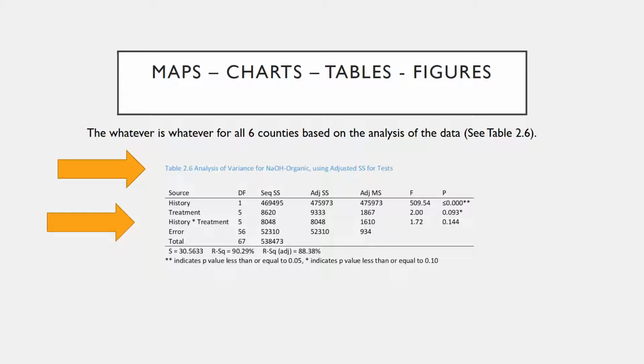And then lastly, at the bottom, you'll notice there's another line of text. This line of text is used to explain things in the table that are not necessarily clear. For example, in this table, next to the p-values, you see there's 2 asterisks or 1 asterisk, depending on what the score is, and that indicates p-values that are significant at a certain threshold level. In this case, 0.05 and 0.1.